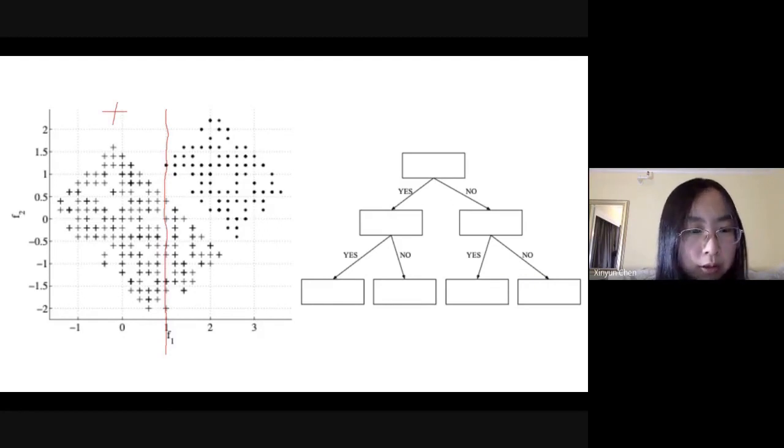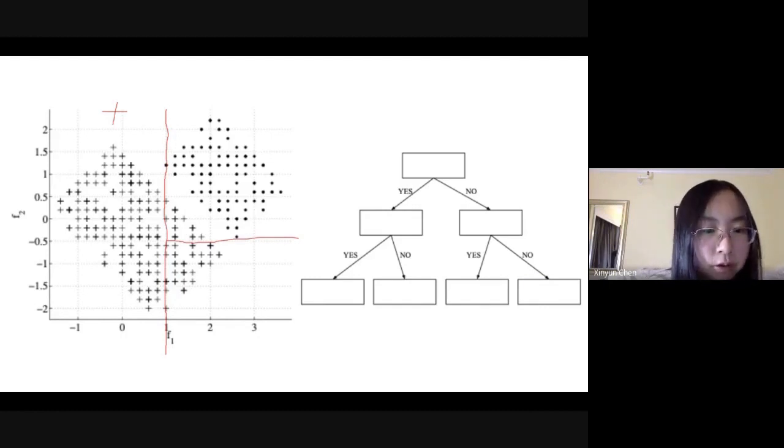Then suppose we are going to do the separation over F2. Here we can do F2 smaller than minus 0.5. Then we can see that all the points below this decision boundary will be plus.